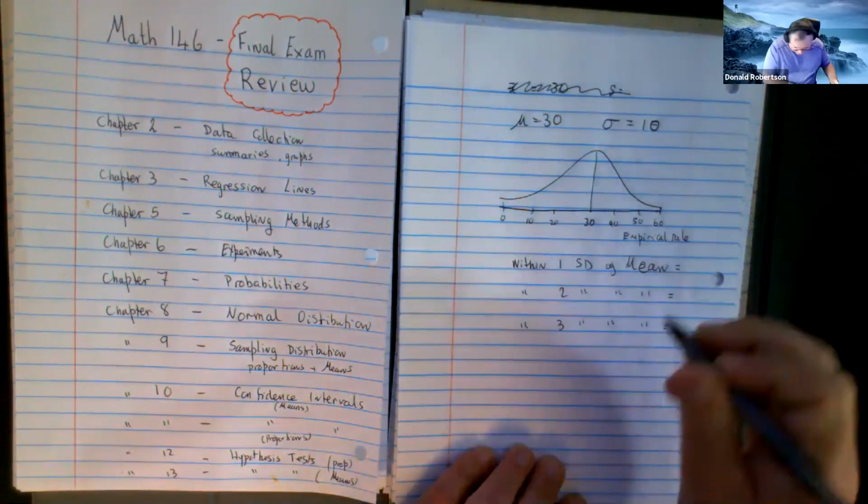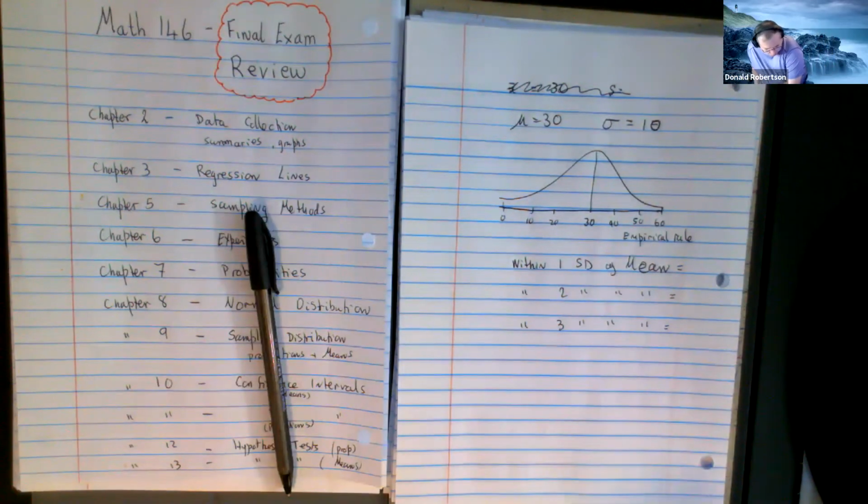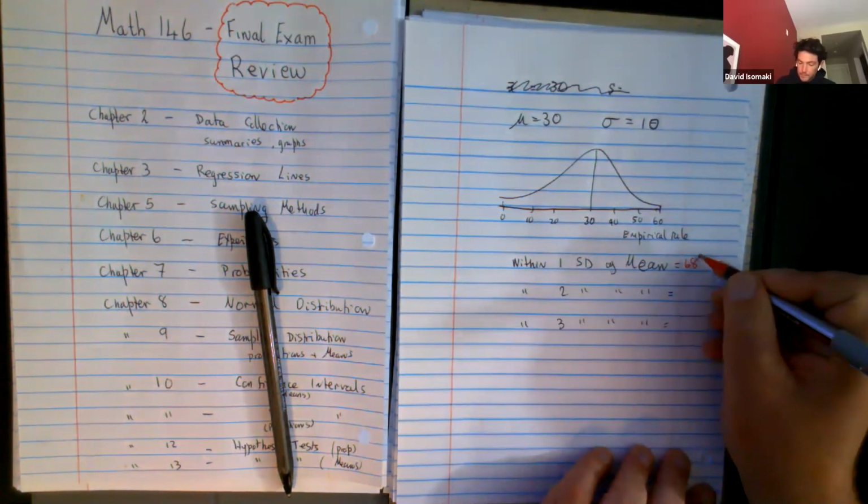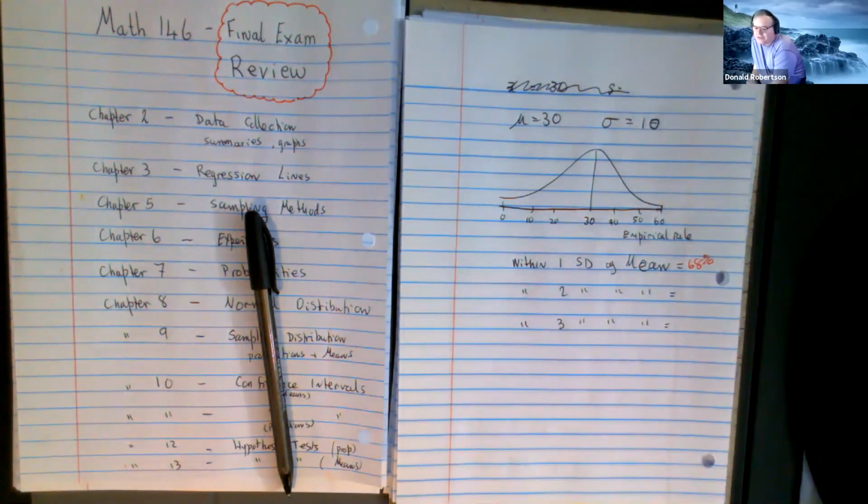What percentage of all the people would be within 1 standard deviation? Can you remember the magic number? 68. That's the one. 68% of data tends to be within 1 standard deviation of the mean. A little bit harder number. Can you remember what 2 was?